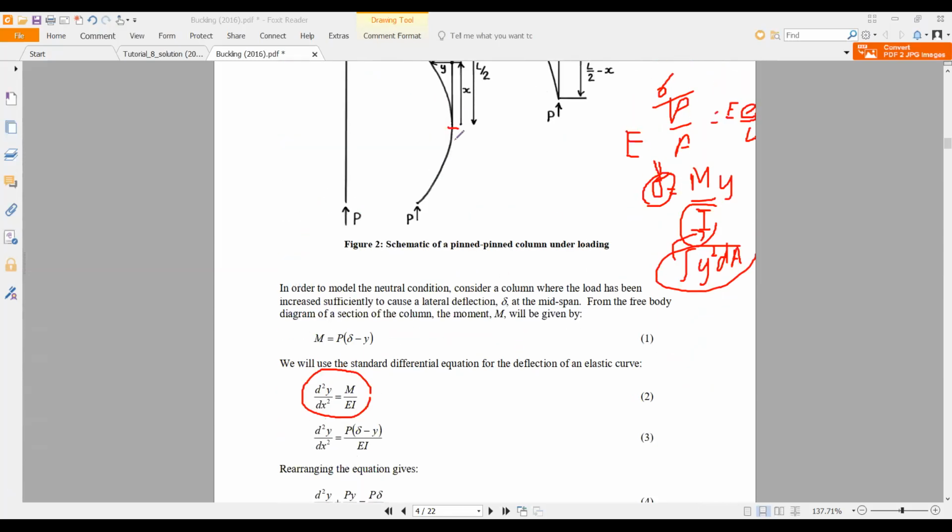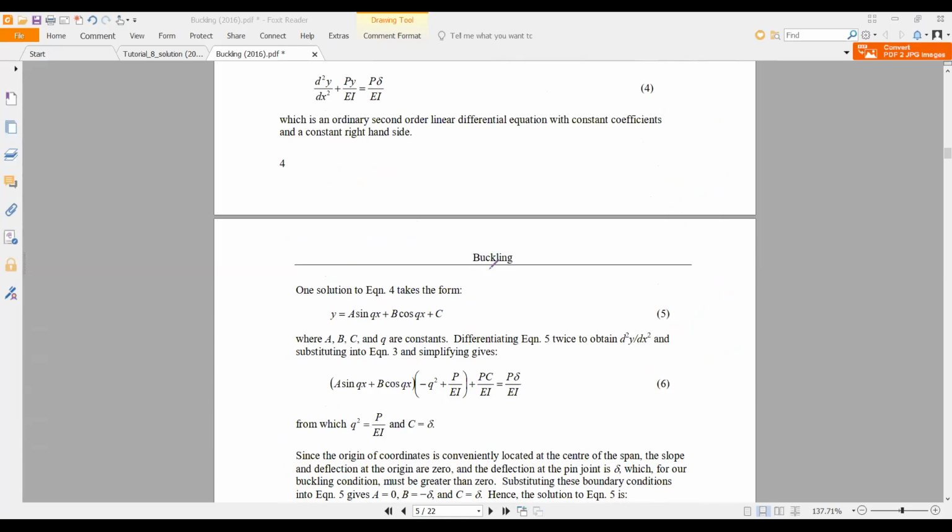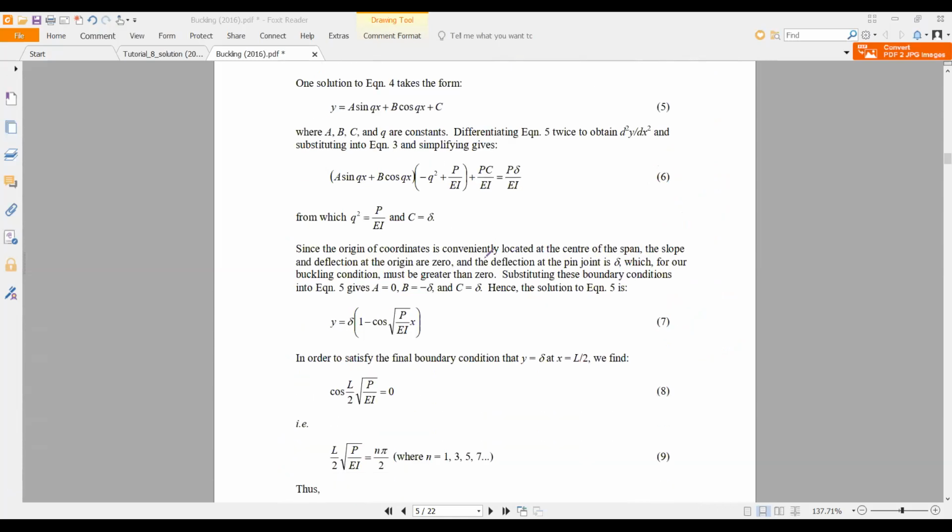Here you consider the origin to be here. Then at the mid span, the deflection is 0. According to that, you can read this sentence.